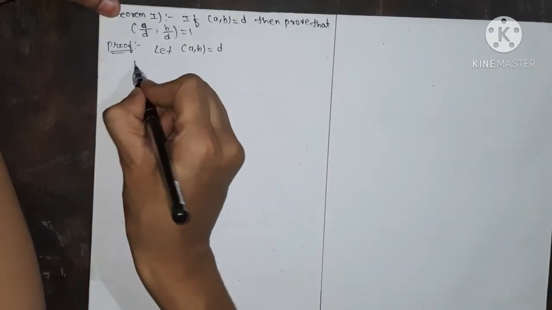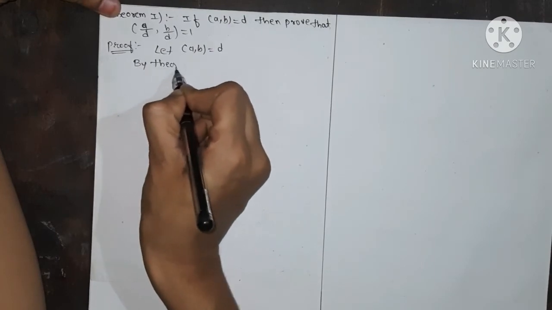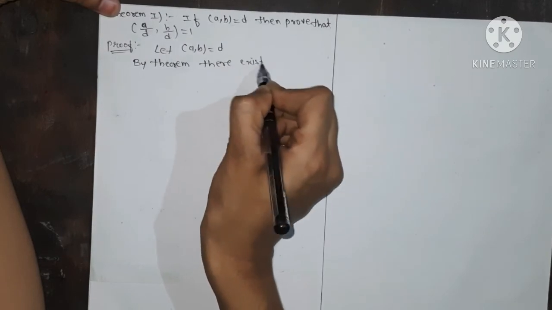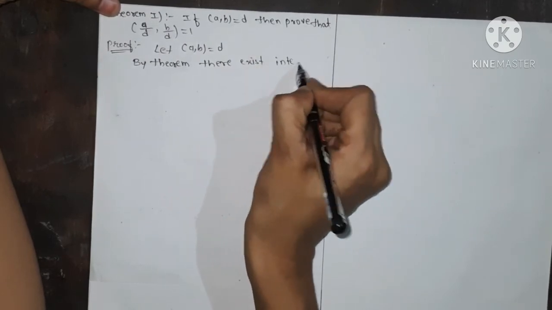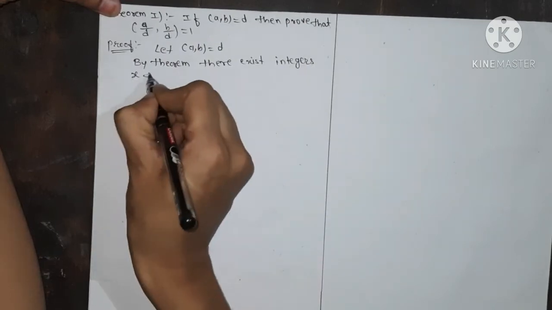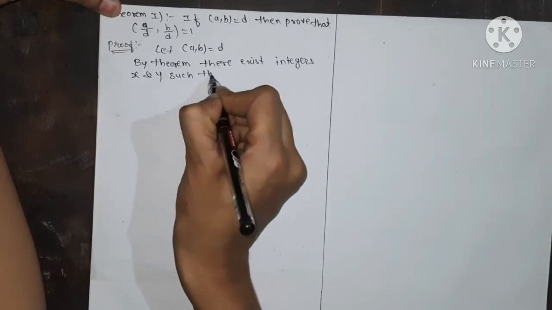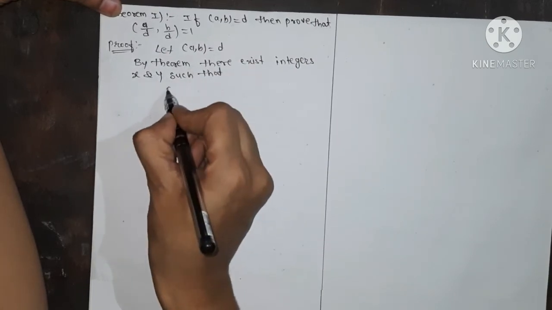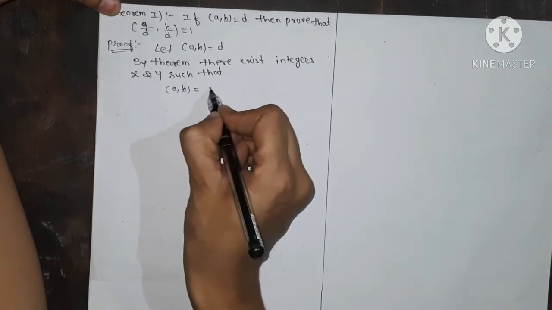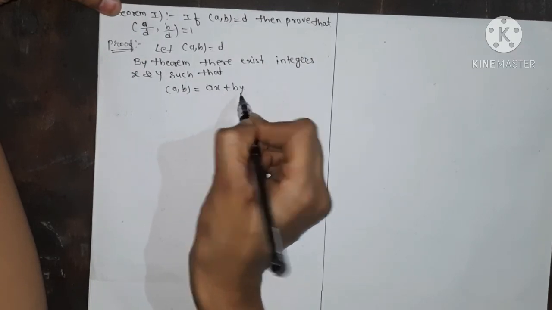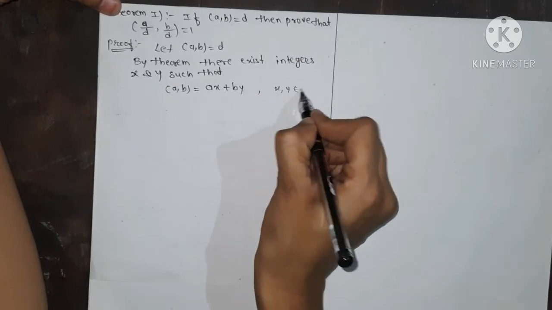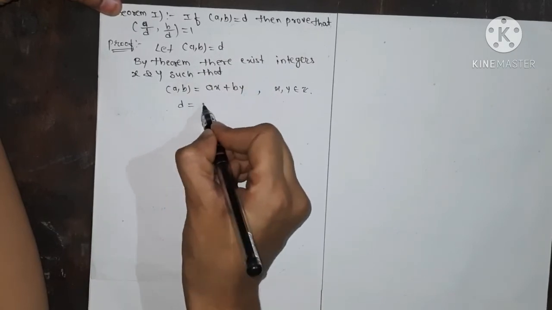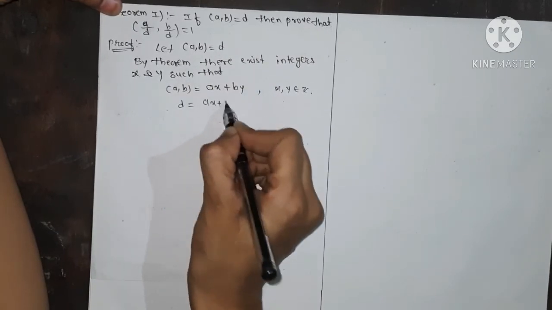Okay, now by the theorem there exist integers x and y such that we can write the GCD of a comma b as ax plus by, where x comma y belongs to Z, and the GCD of a comma b is equal to d, therefore d is equal to ax plus by.